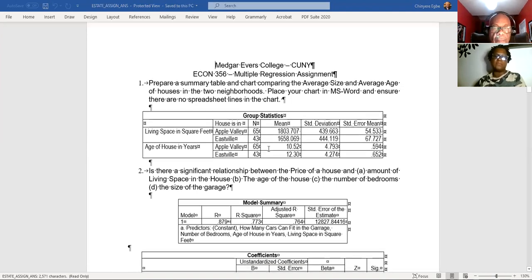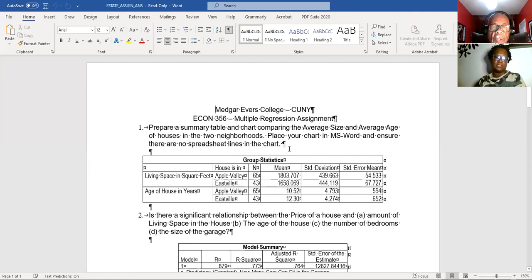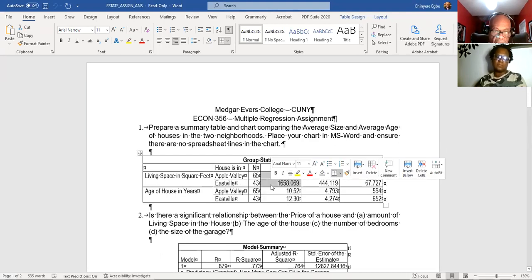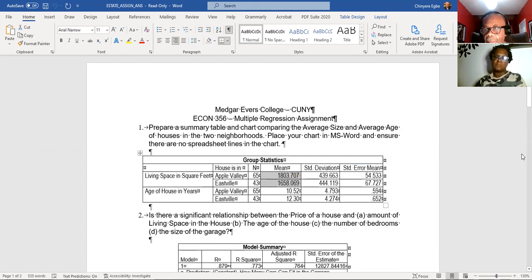If you had to run the SPSS, you would have had to create this summary table yourself, but I did create it. So this is a summary table, and then I ask you to do a chart from it, in which case you plot the mean that compares Apple Valley to Eastview for the average age of the houses. And then you compare the average living space in the two places on a chart.